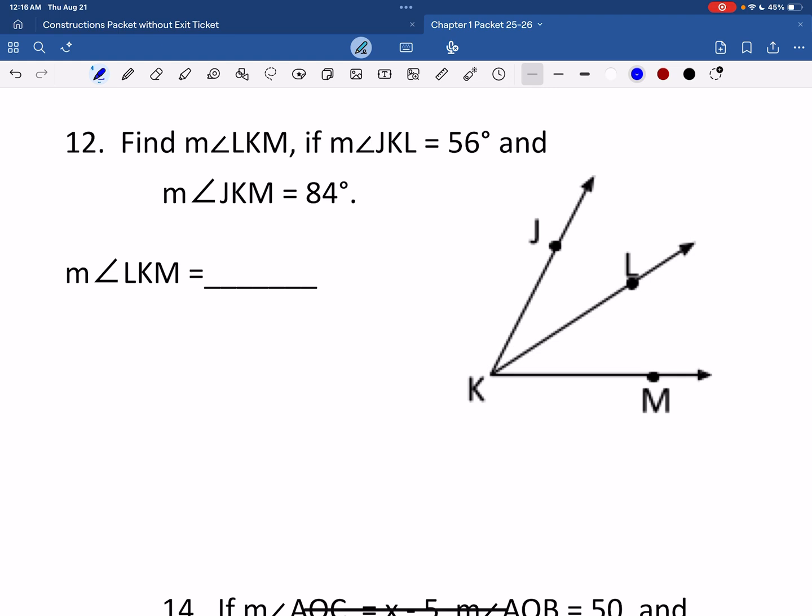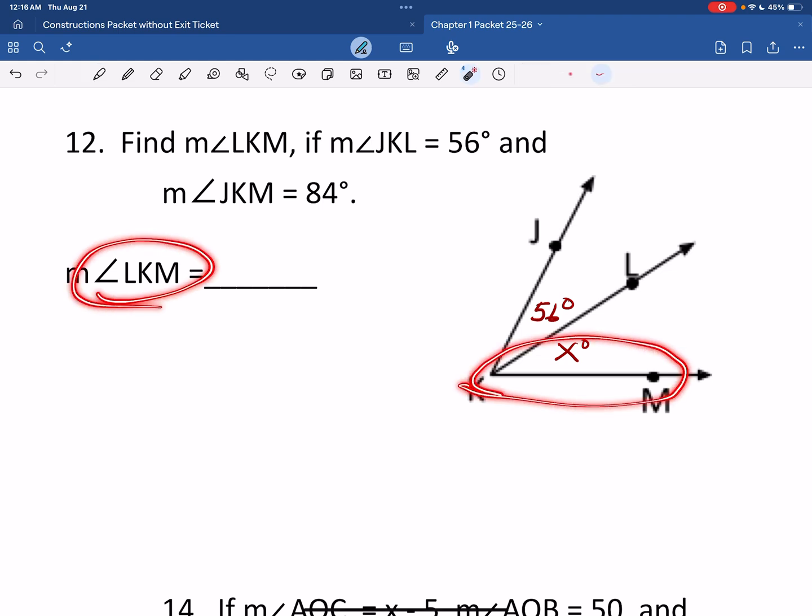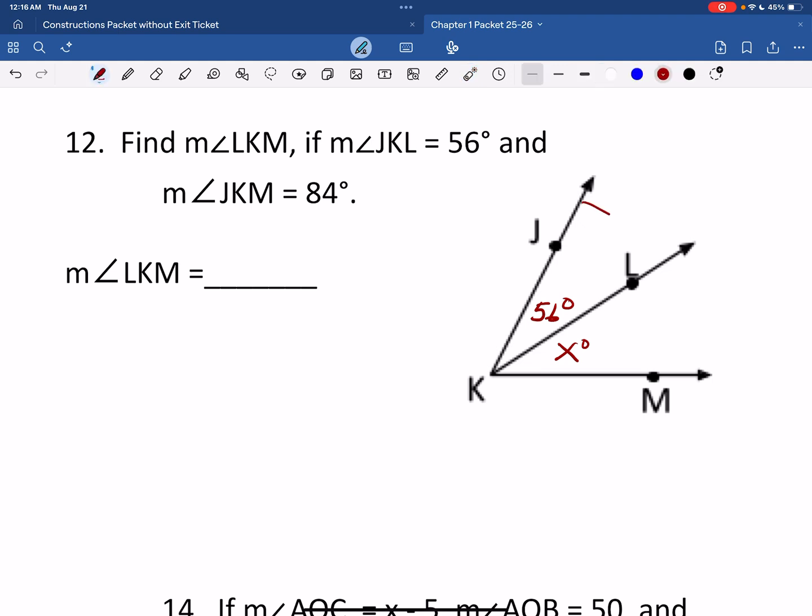All right, so I'm going to save a little bit of time by not writing the letters, but this is 56. I don't know what this is because I'm looking for this. Okay, but I do know that the big angle is 84 degrees.